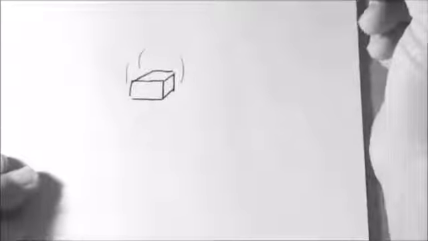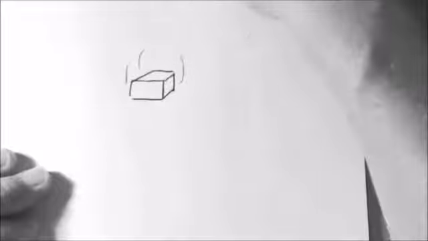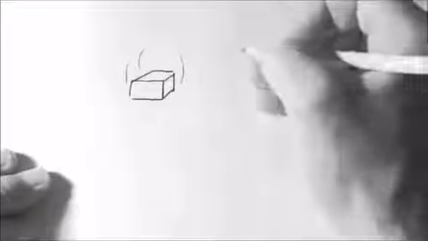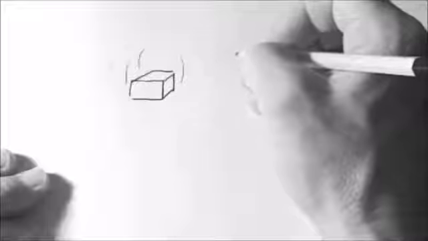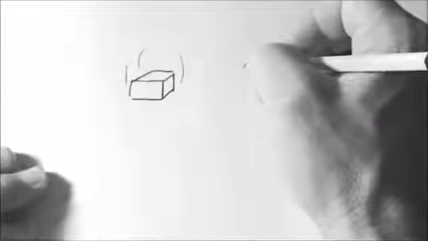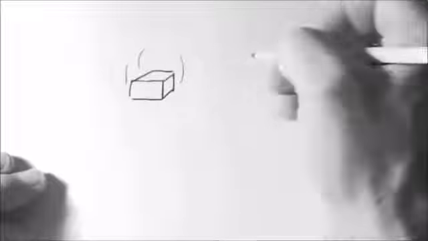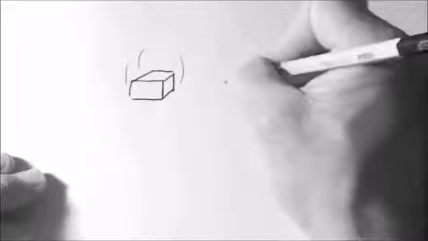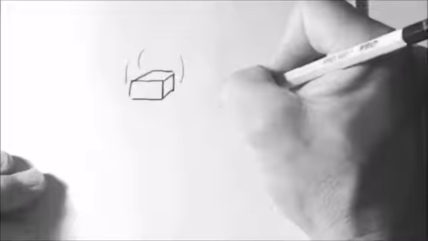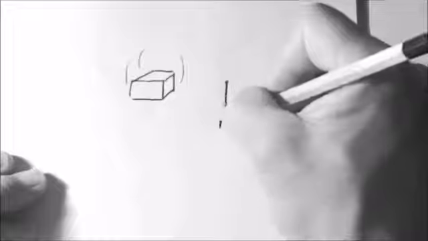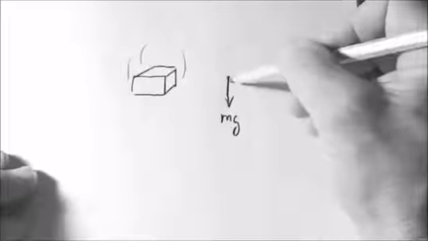The brick is falling. So can you imagine, think about, tell me what forces are on the brick? Are there any contact forces? No. Are there any field forces? Yes. We have the force of gravity. Gravity is pulling on this brick.